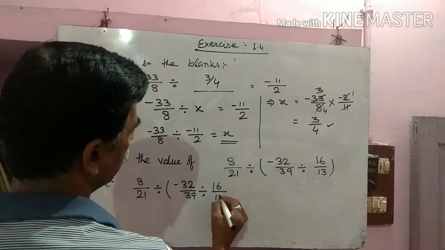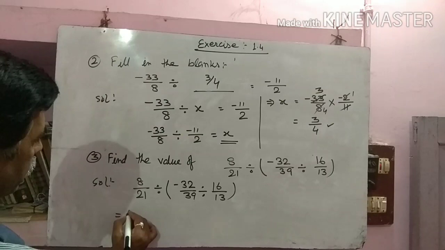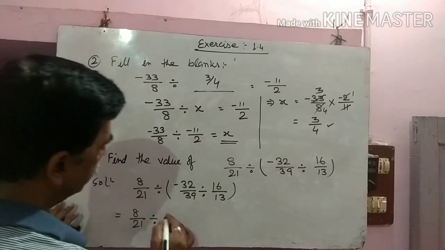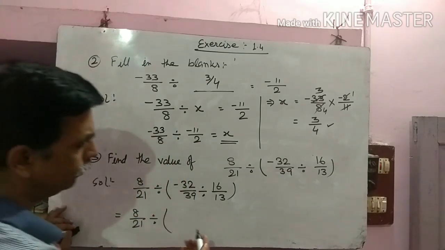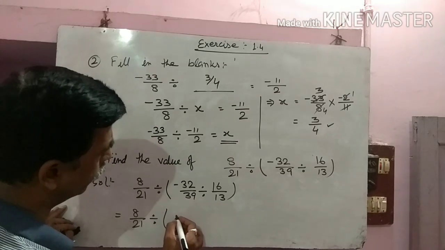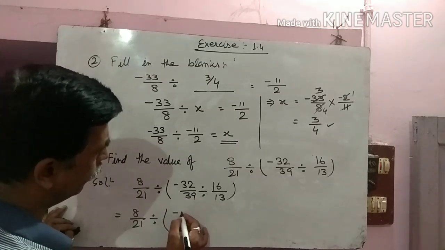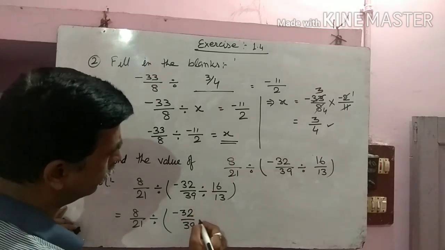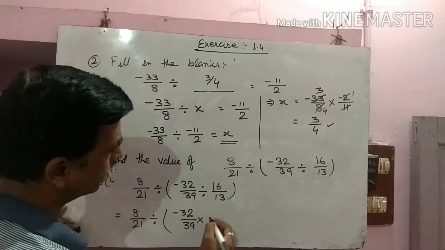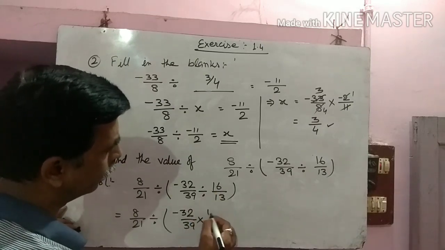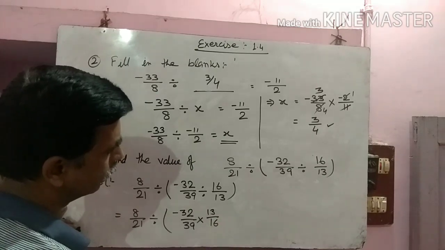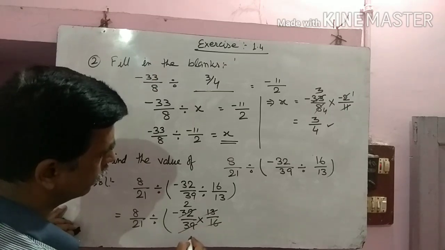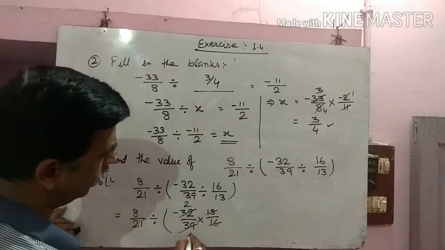In the next step, write 8 by 21, leave the sign of division as it is, and solve inside the brackets the original number, which is minus 32 by 39, and this sign changes into multiplication, then this number becomes its reciprocal, which is 13 by 16. So 16 2s are 32 and 13 3s are 39.